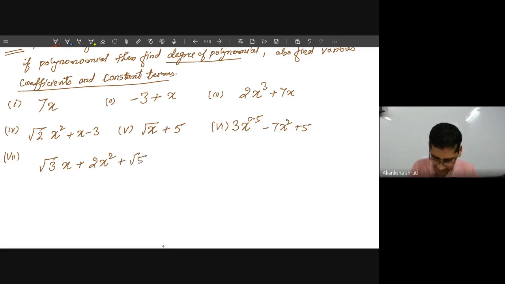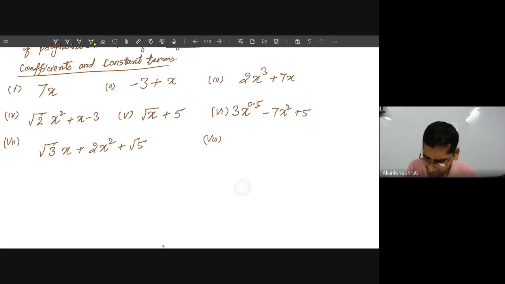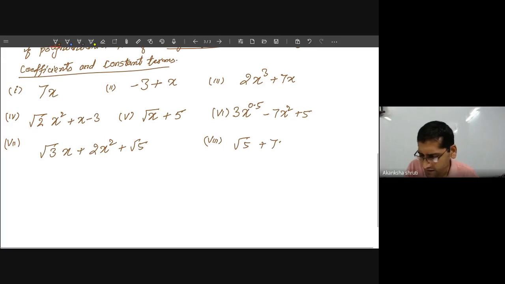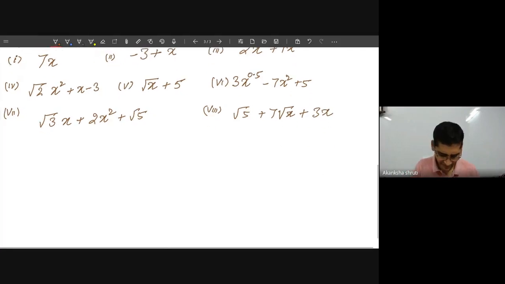The next one is root of 5 plus 7 under root x plus 3x. The next one is, I think it becomes 5, 6, 7, 8, 9.